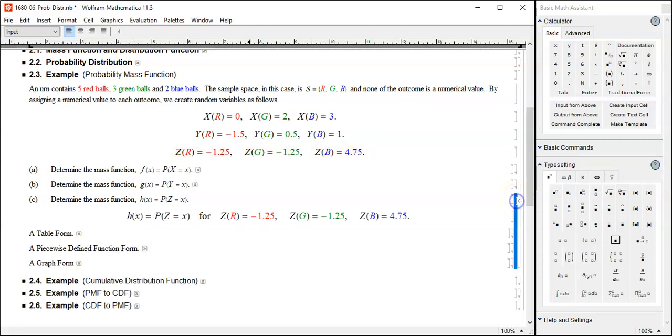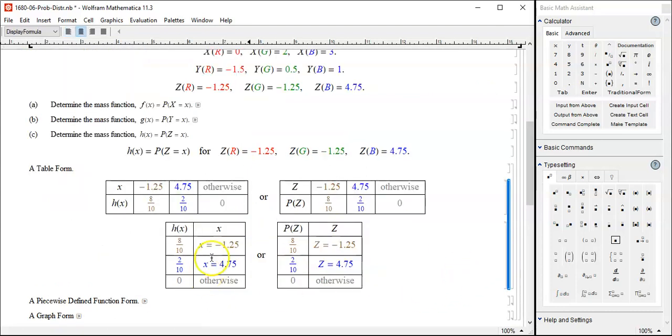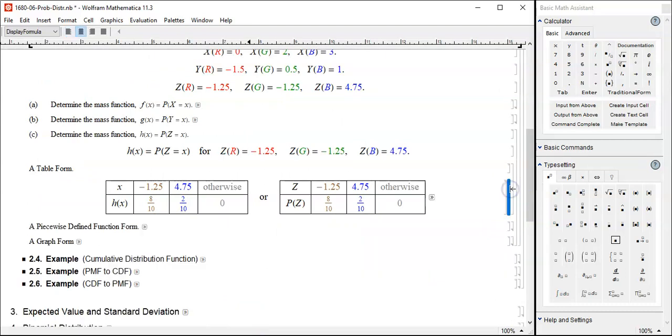We only have 2 possible payoffs, -1.25 and 4.75. And -1.25, either red or green, so 8/10. 4.75 is blue, that's 2/10. Otherwise, 0. You can do this horizontally like this or in vertical form. It doesn't matter. They are pretty much the same.